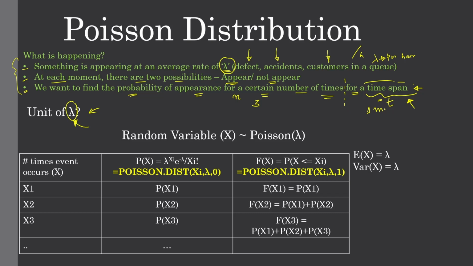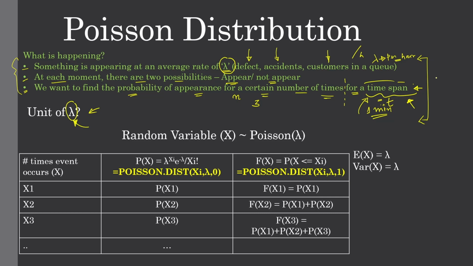So you can see here that although lambda is given on a per hour basis, our question asks it in terms of 1 minute. That means these two are not matching. So therefore, in all those cases, you will convert lambda into this term, that means in 1 minute. So if lambda is given per hour, you will first convert lambda into per minute and then calculate everything else.